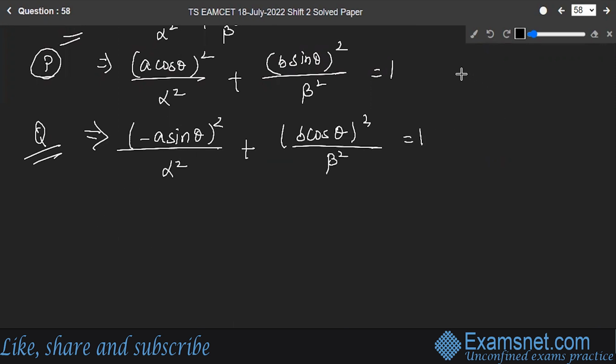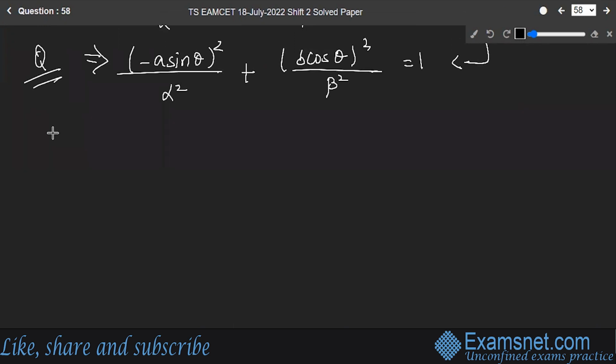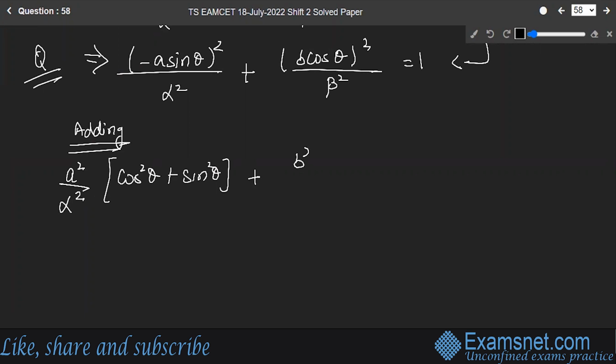Now, let's add both the equations. You will have a square upon alpha square common, times cos square theta plus sin square theta, plus b square upon beta square times sin square theta plus cos square theta.